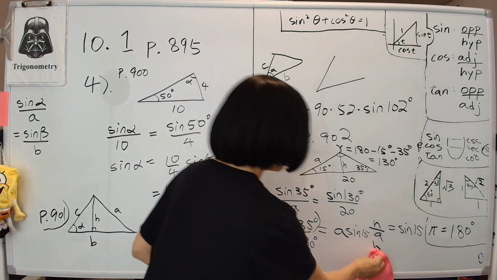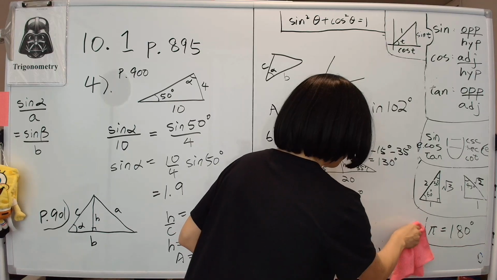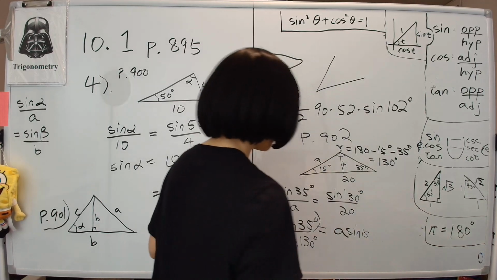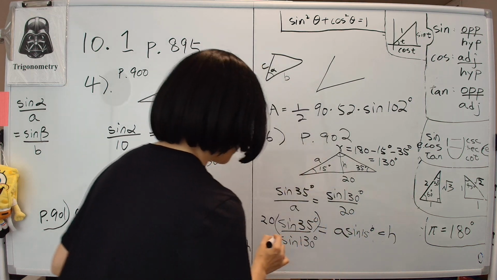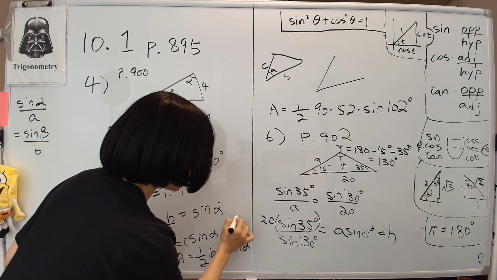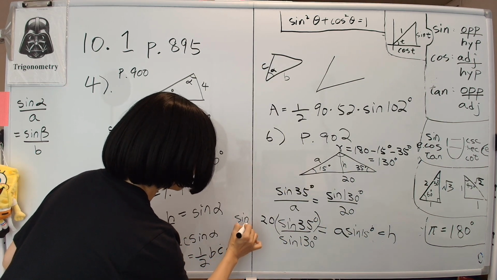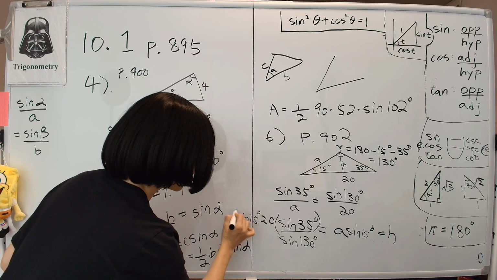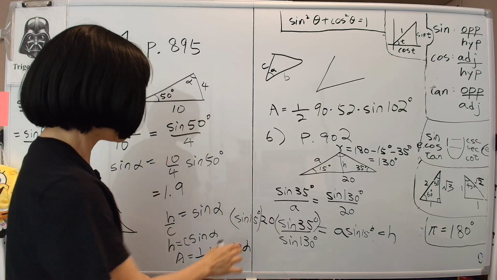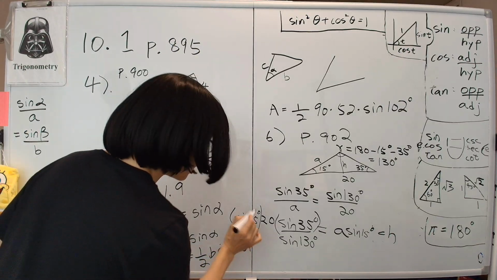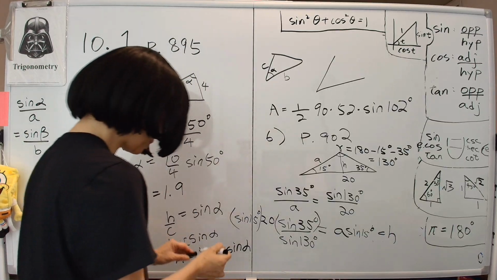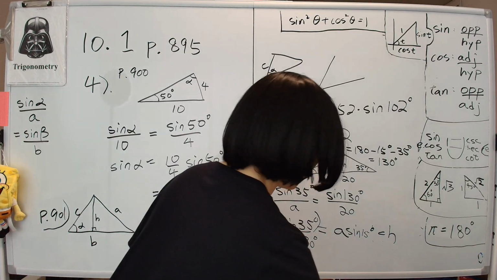So all this stuff needs to also be multiplied by sine of 15 degrees, and that will be equal to H. So let's do that, and then we are home free.